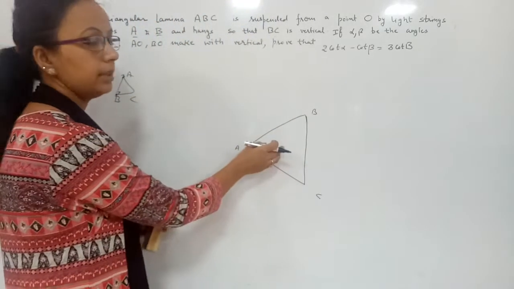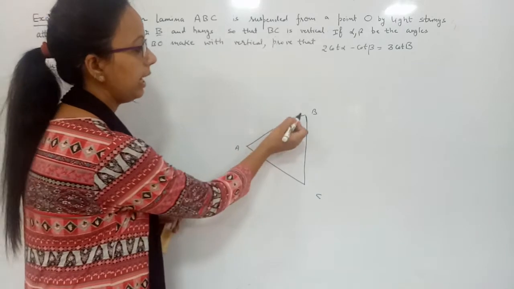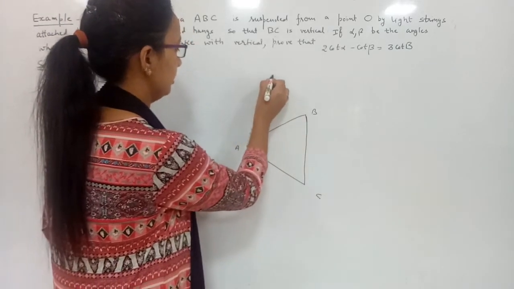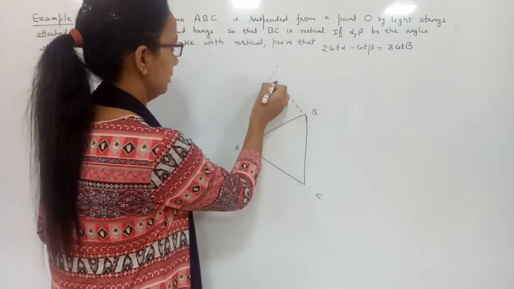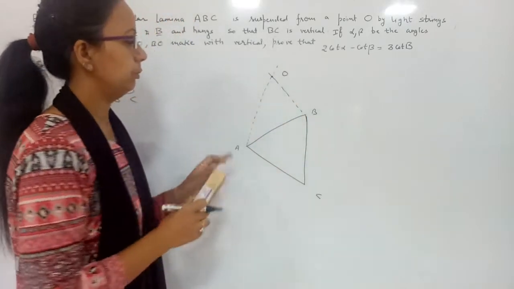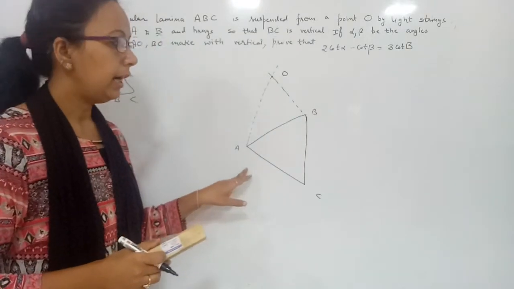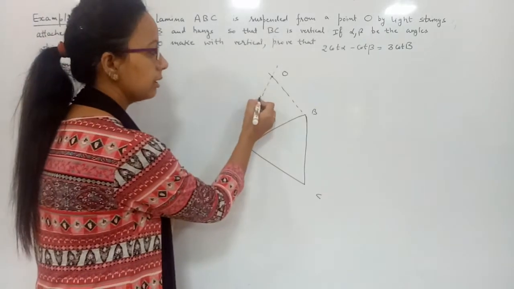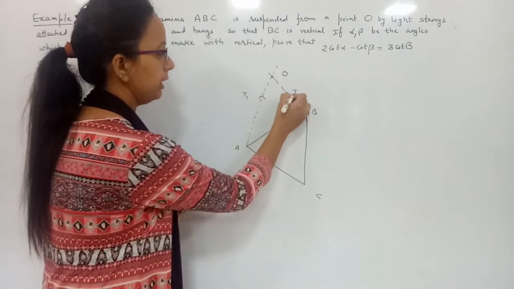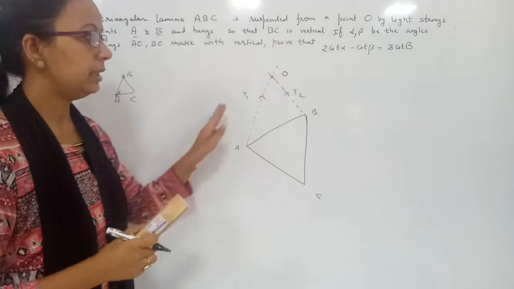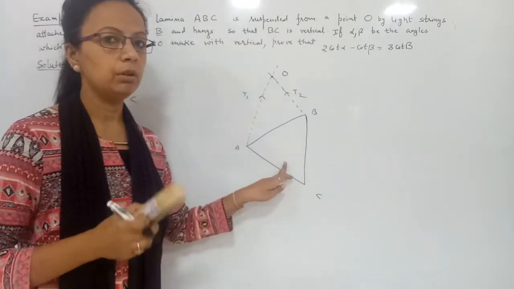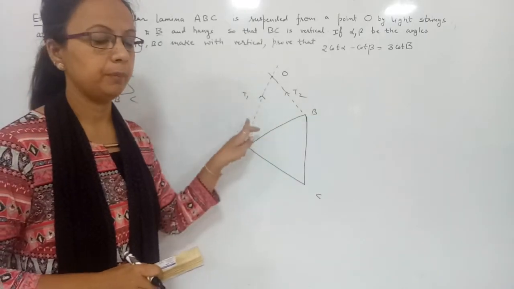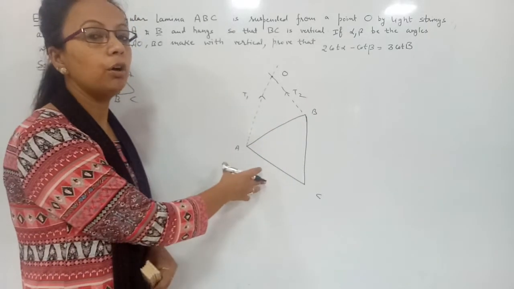Now this lamina is suspended from A and from B with the help of strings at point O. These two are strings, and if there is some weight, then tensions come in the strings, T1 and T2, because these strings have suspended this lamina. So here come the tensions. Now we'll draw the weight of this triangular lamina.